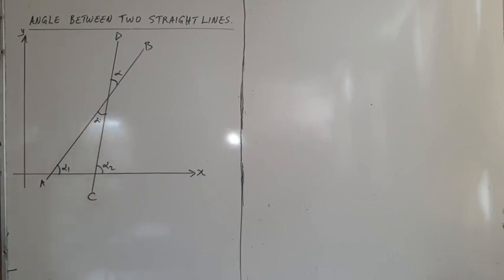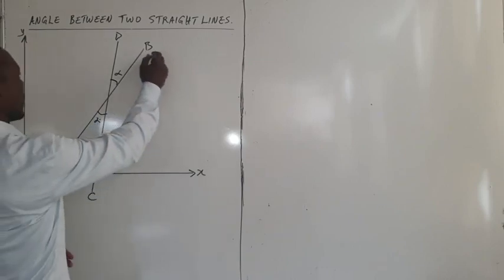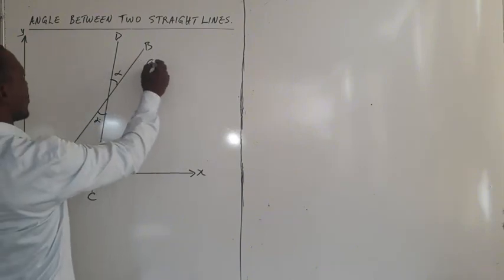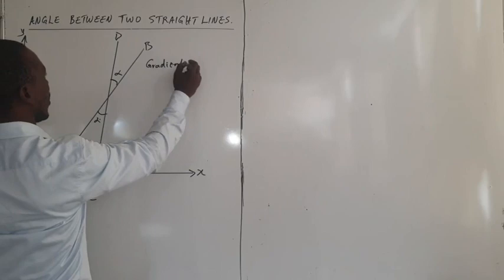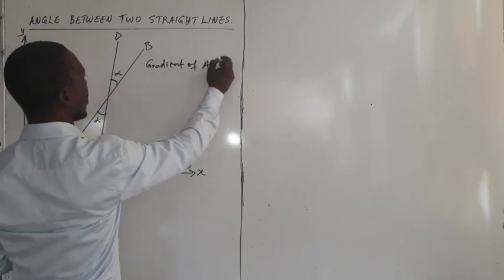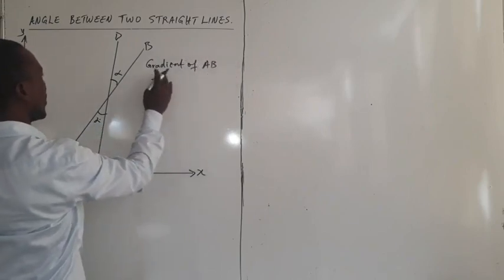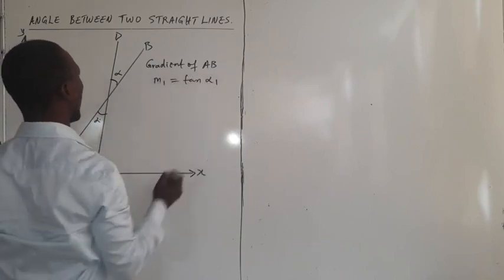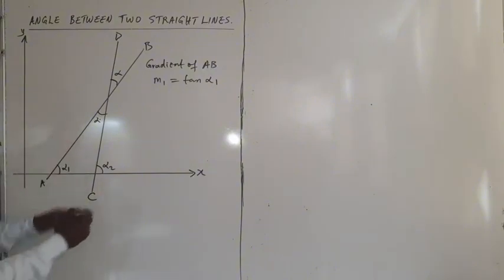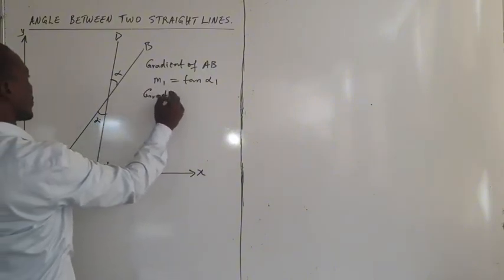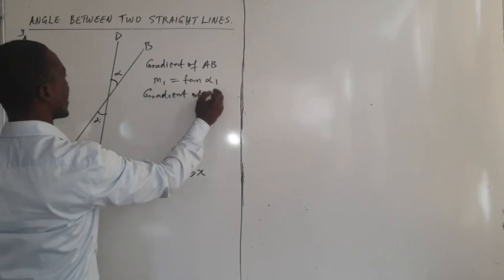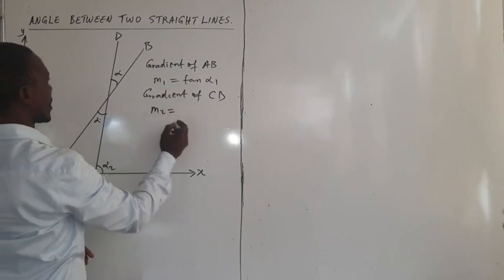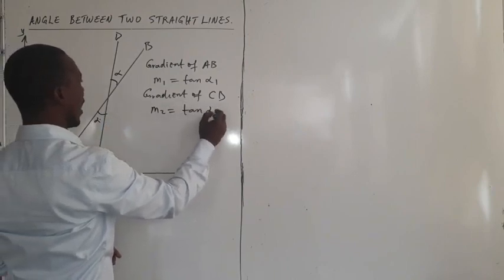To do this, we introduce the gradient of line AB, which is M1, equal to tan alpha 1. The gradient of line CD to the x-axis is M2, equal to tan alpha 2.